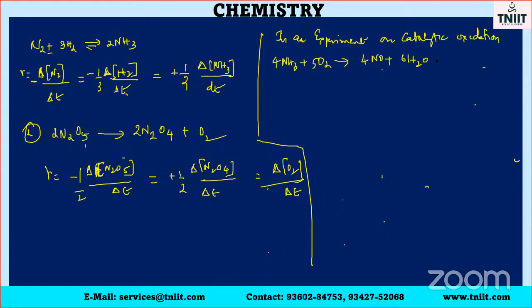The rate of formation of NO was found to be 2.4 into 10 to the power minus 3 mole per liter per second.